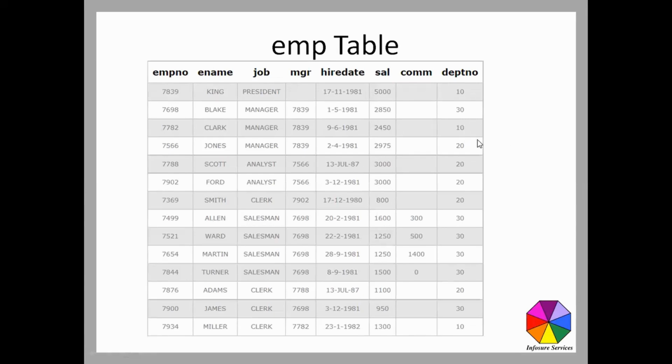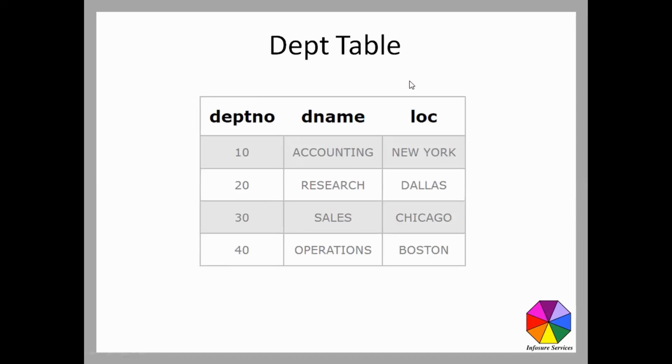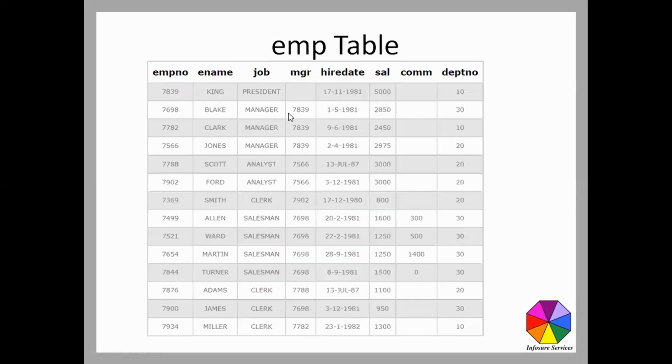So you can see it is repeating. There are duplicates here: 20, 20, 20, 30, 30, 30, like that. So this is a foreign key. The department number of the employee table is related to the primary key, the department number of the department table. So that relationship is what it is.